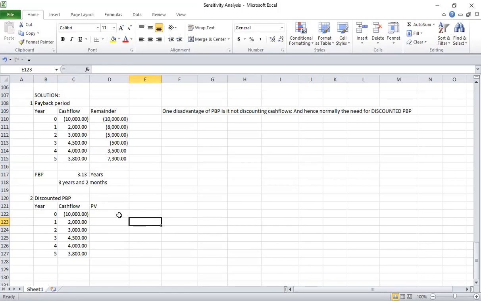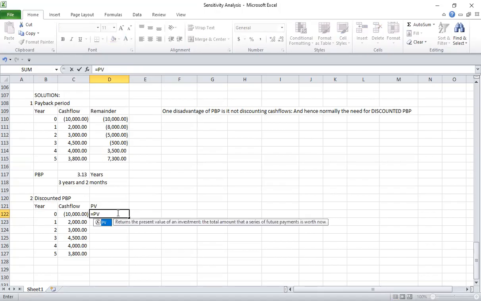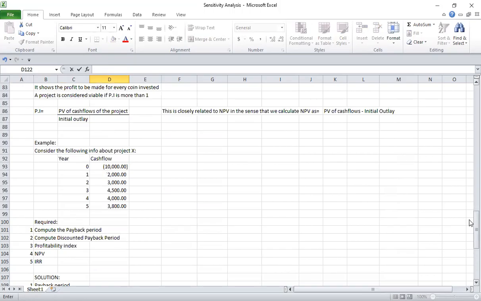How do we compute a present value? We said PV equal to PV, and then in bracket, now, did I include the discount rate in the original question?